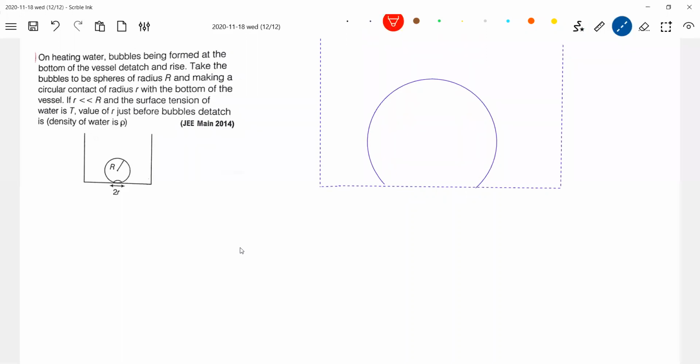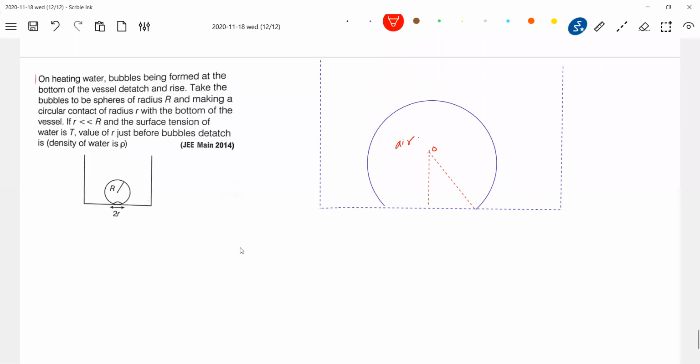This will be the radius. Okay, fine. Everything is here, and the surrounding is what? Water. Please try to imagine all the things. It's a bubble, so I'll draw it with a thick line.